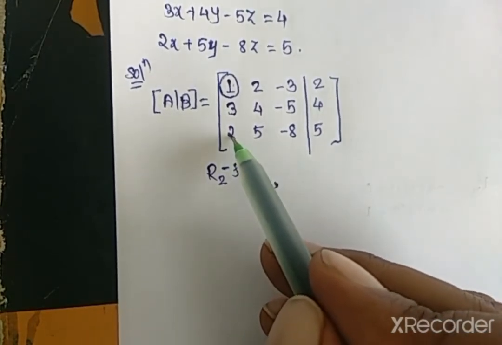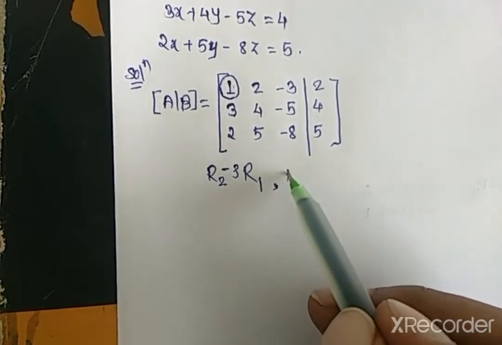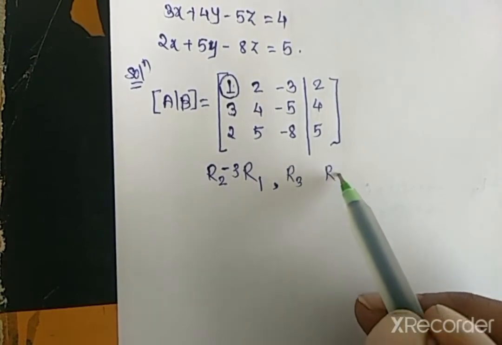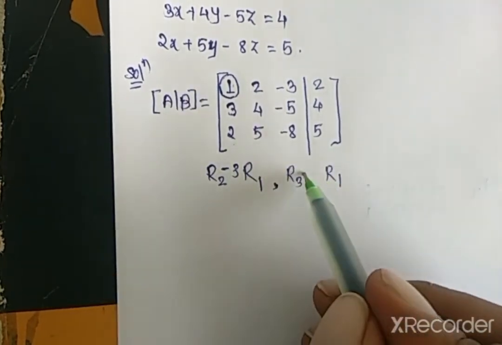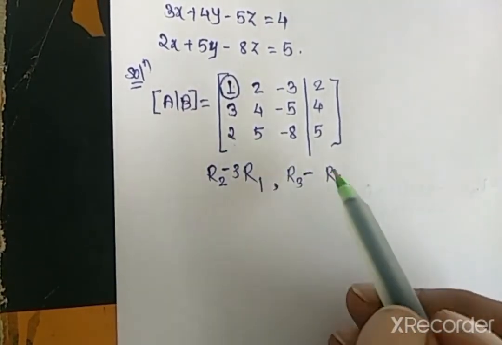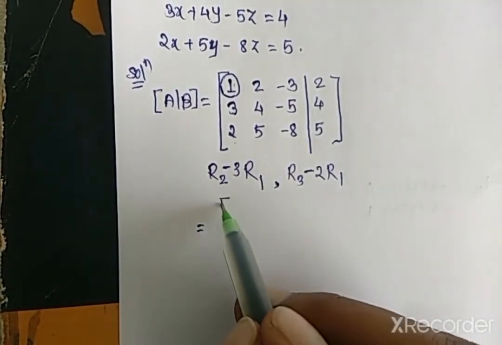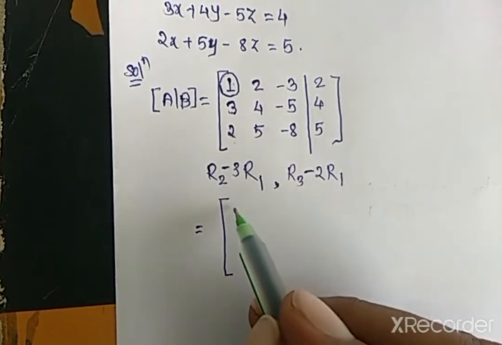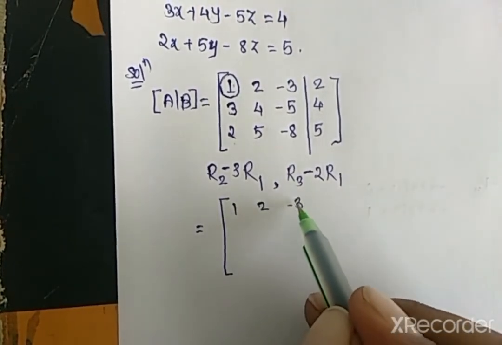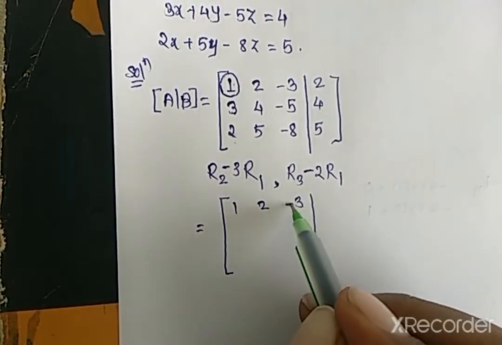To make A31 0, we use the row operation R3 and R1, both positive, so we subtract and multiply R1 by 2. Now we get the next step: first row as it is, 1 2 minus 3 2.